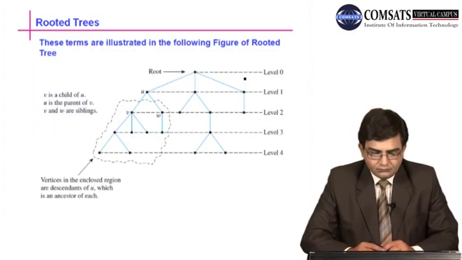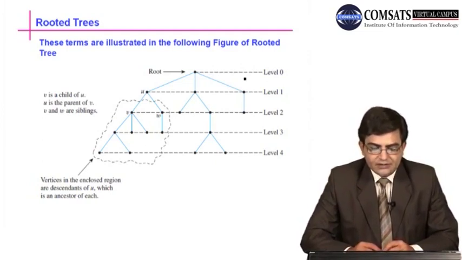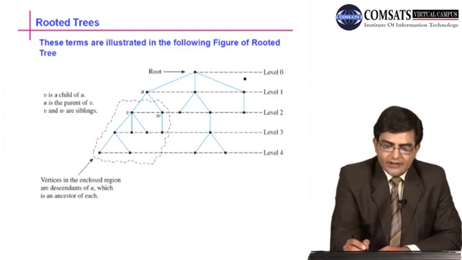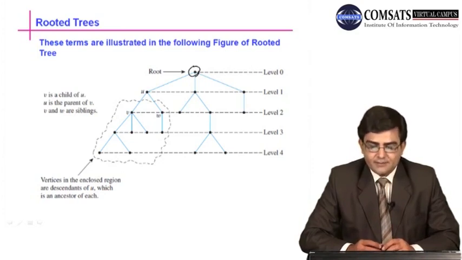Just to describe the terms which are in the definition, here is a tree. The first point here, which is distinguished from others, is basically called a root, where this rooted tree has started.